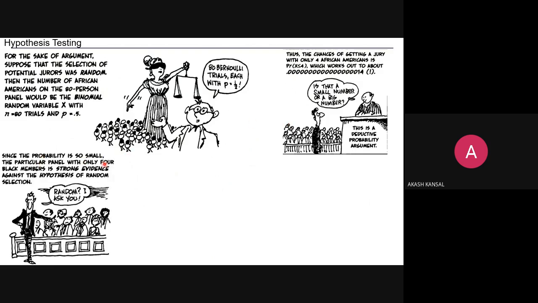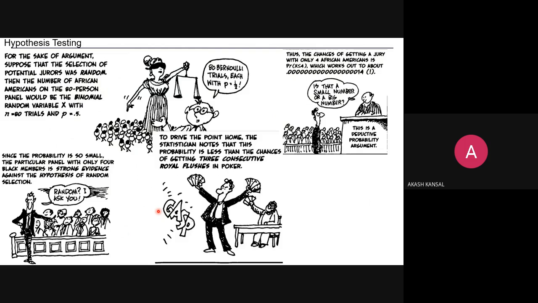So then he argues that since the probability is so small, there is strong evidence against the hypothesis of random selection, because when we hypothesized, we said that it's a random selection. In random selection we have equally likely probability. Now again he makes a comparison, trying to identify a similarity so that people can understand that these chances are much lower than the chances of getting three consecutive royal flushes.